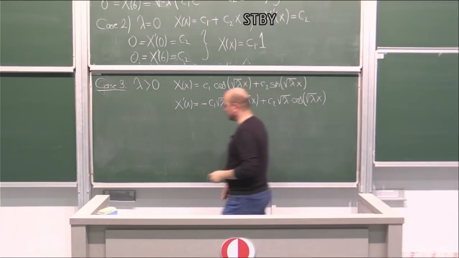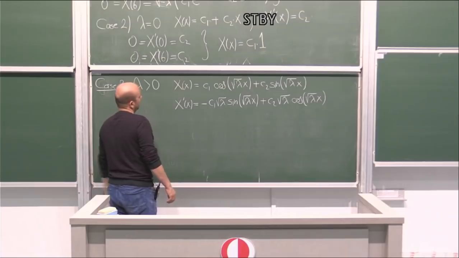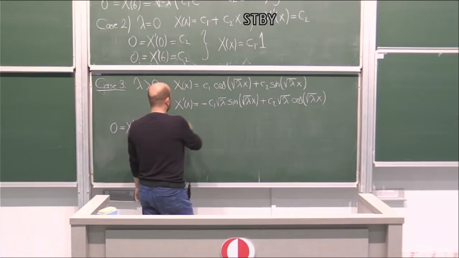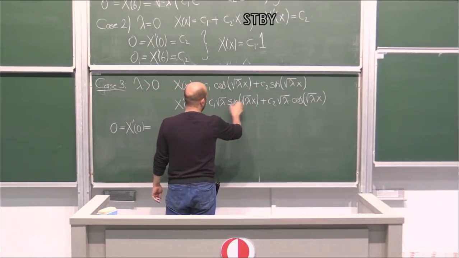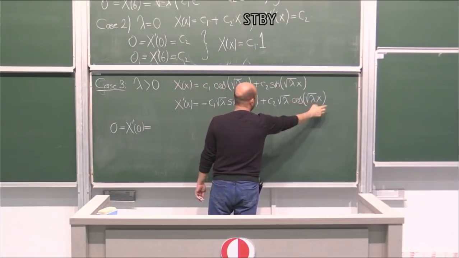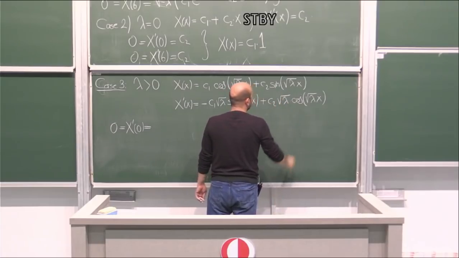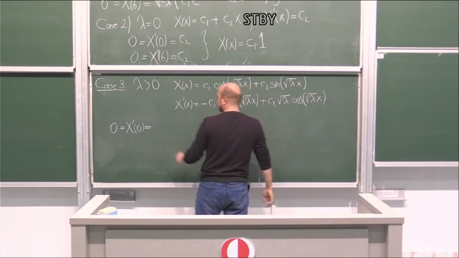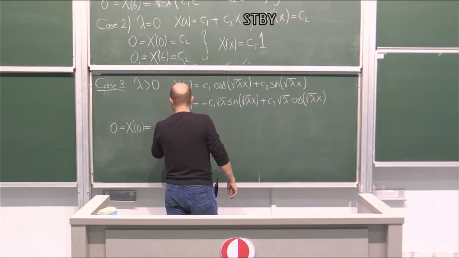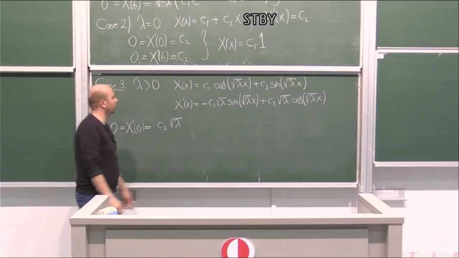So the conditions are x prime at 0 must be 0. If you plug in 0 here, sine 0 is 0, cosine 0 is 1, so we get C2 times radical lambda.